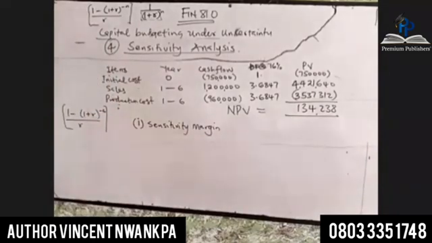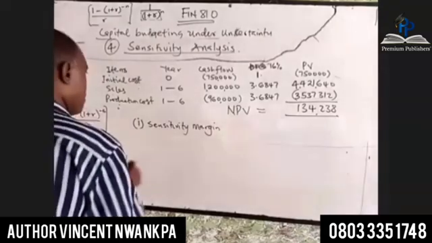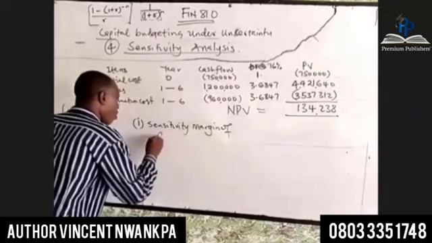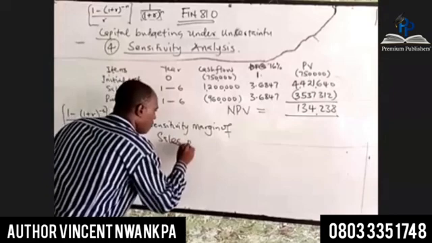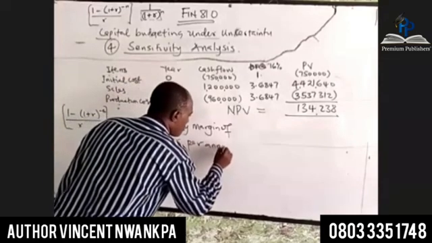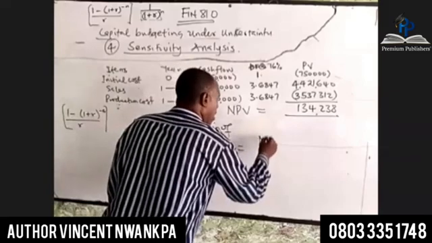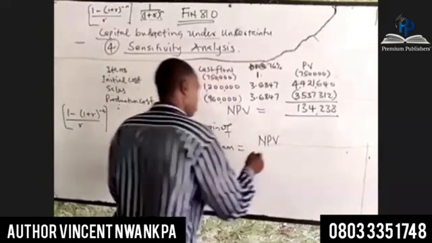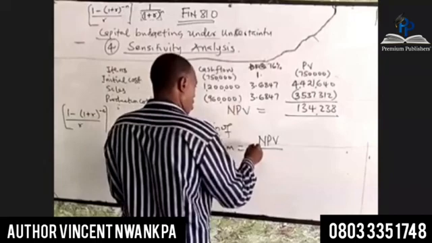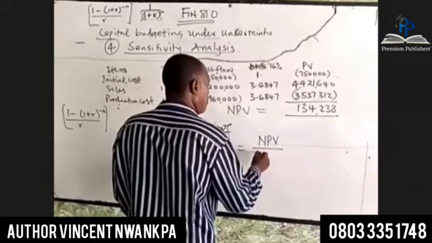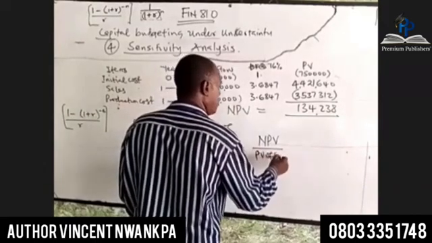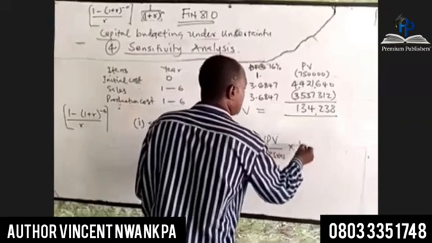So still imagine of what? Sales per annum. Is that okay? It will be our NPV. What's our NPV on the board? It's the NPV over the present value of sales, expressed as a percentage.